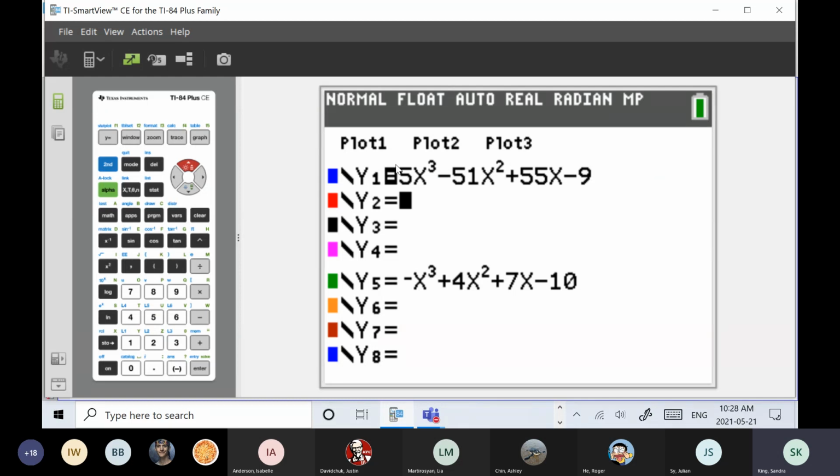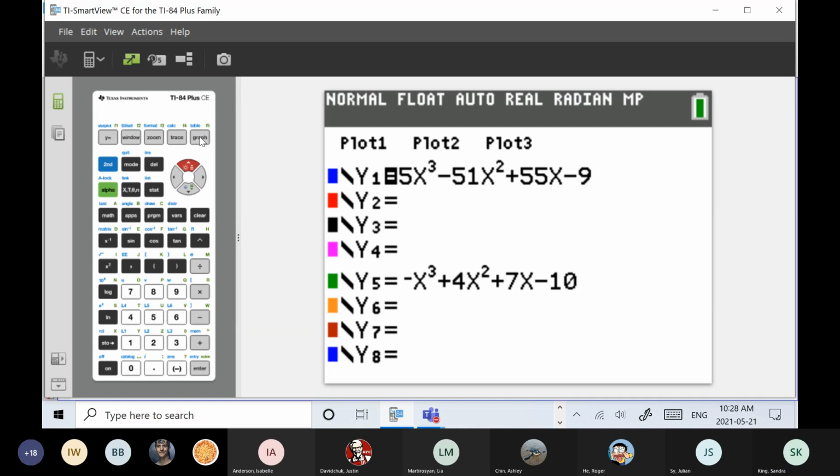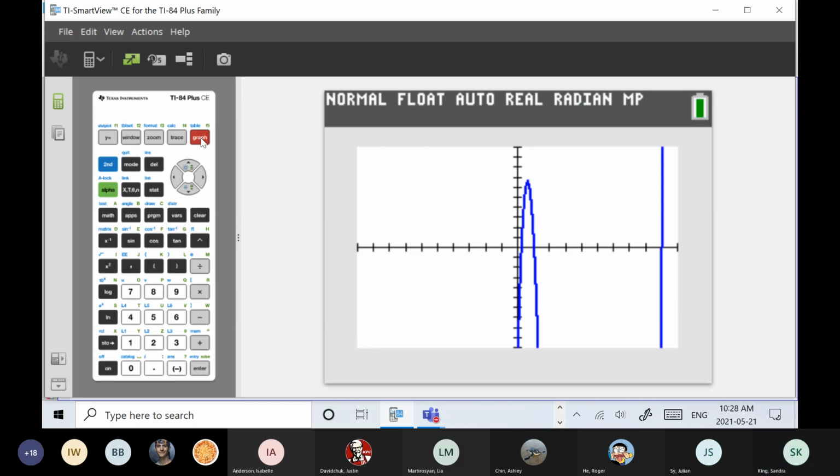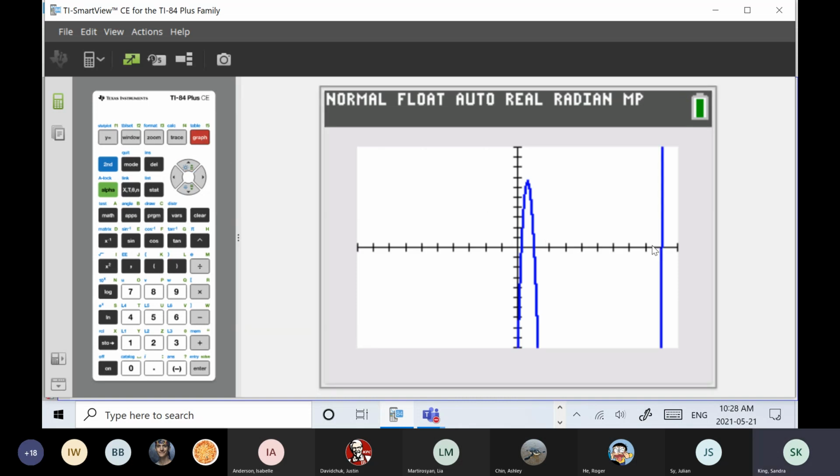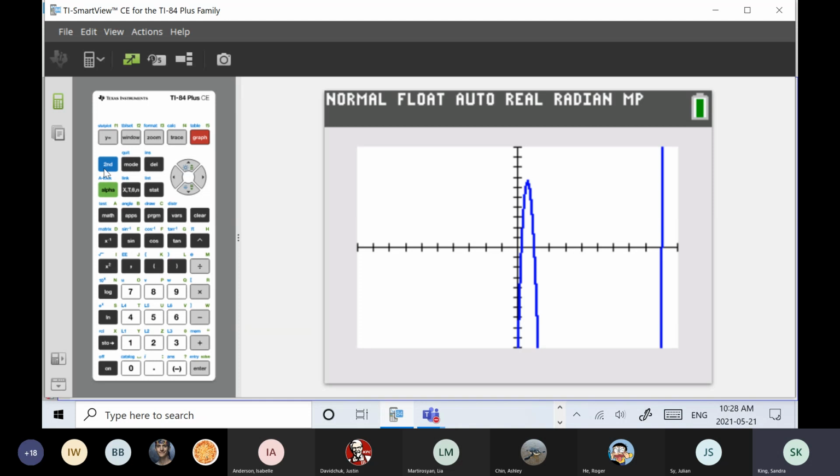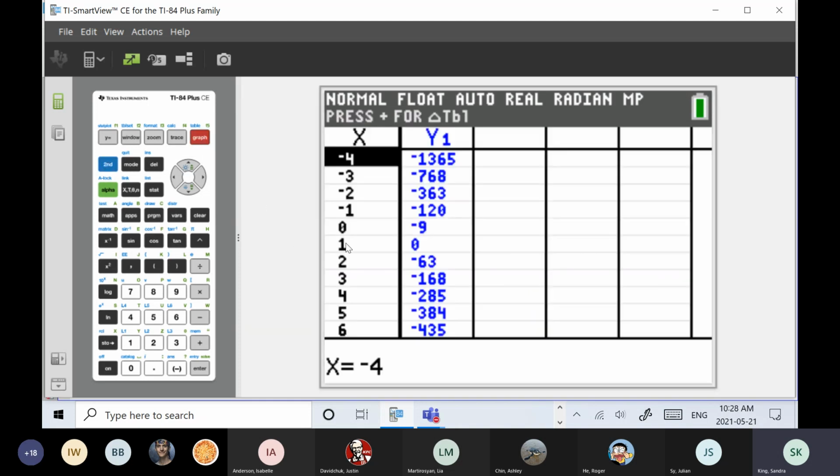If I graph this, so if I see a 3 here, this is a third degree polynomial. Remember, it could have up to 3 x-intercepts. So I graph, there are 3 x-intercepts, okay? And if I look at my table of values, second function table, I have one x-intercept right here. So x is equal to 1 as a root.